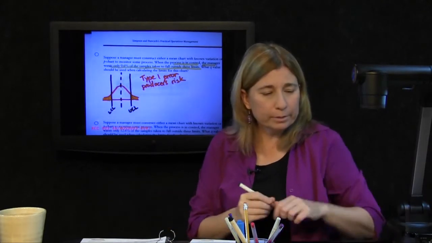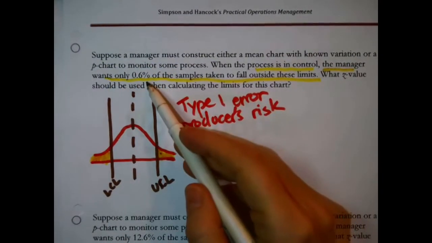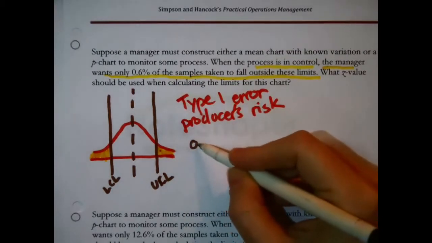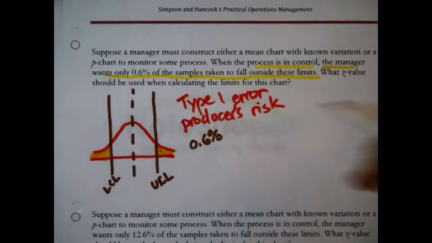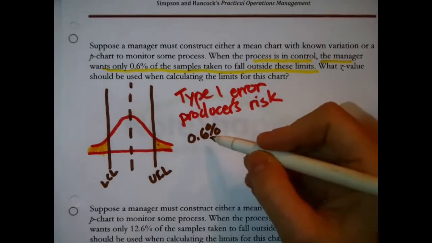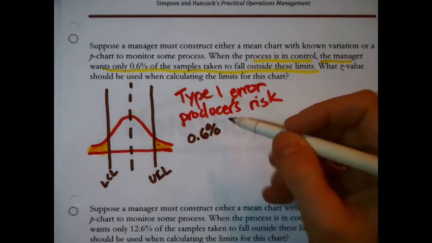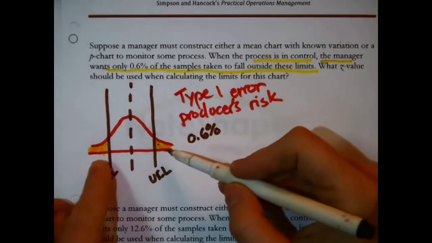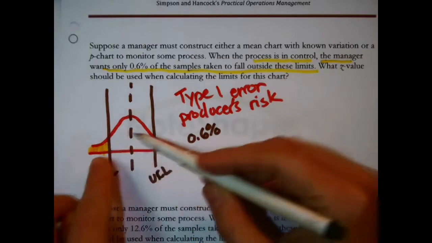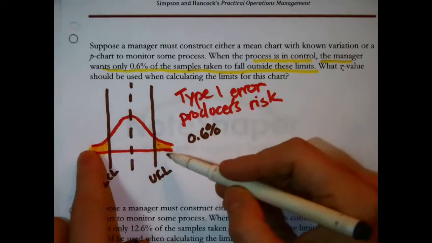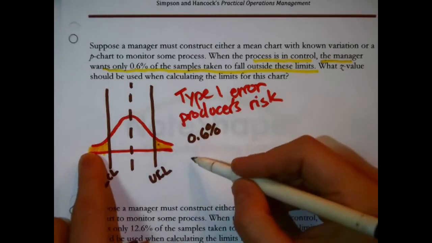Now, what's happened in this particular problem is that the producer only wants that to happen not very often at all. This is less than 1%, 0.6% of the time, when you take a sample. That means the area of the curve that's been amputated, excluded by the limits, represents the proportion of times this would happen.